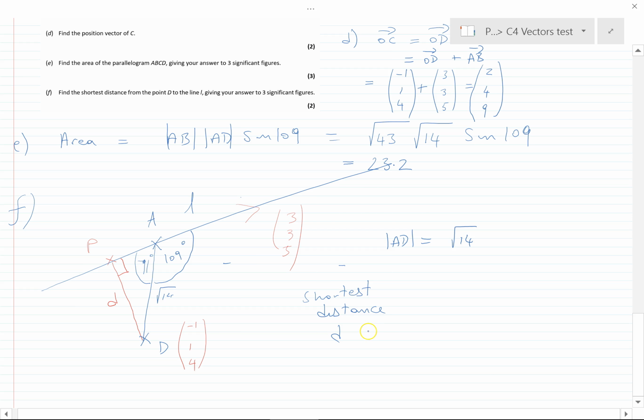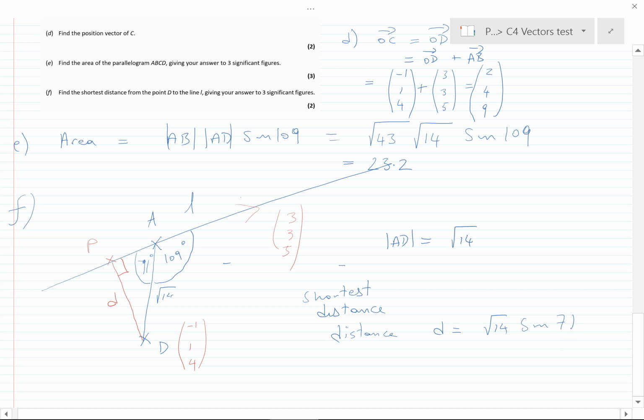So the shortest distance D is going to be equal to the square root of 14 times, and we're using just normal SOHCAHTOA here, it's the opposite, so that's sine of 71.